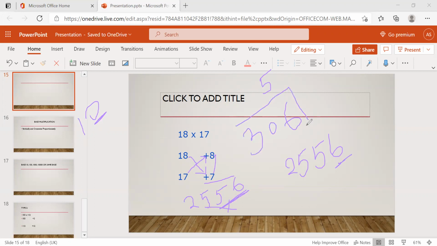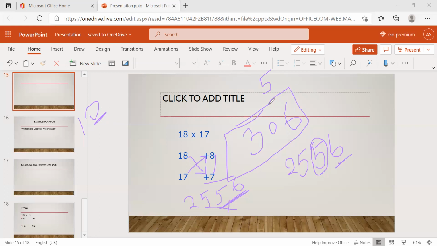So this will be the answer. This is nothing but adding the carry. Whenever the base is 10, we require only 1 digit after vertical multiplication. If 2 digits are there, the second digit will be carried forward to the next number. It's very, very important. Remember this.